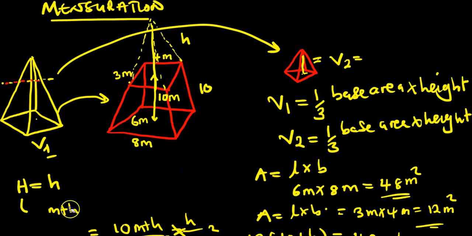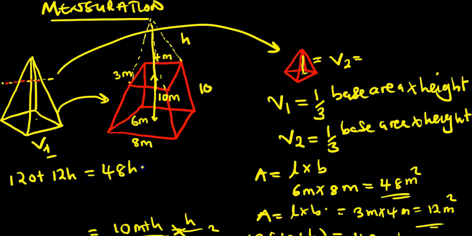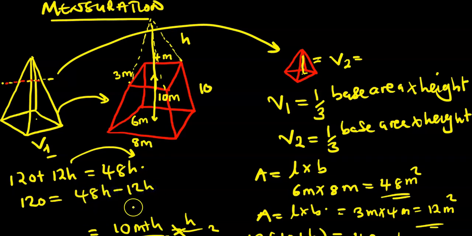So now what is the answer that we find after multiplying? We are going to find 120 plus 12H is equals to 48H. Taking the like terms on one side, we are going to have 120 is equals to 48H minus 12H. What do you have here? So here you are going to have 36H is equals to 120.